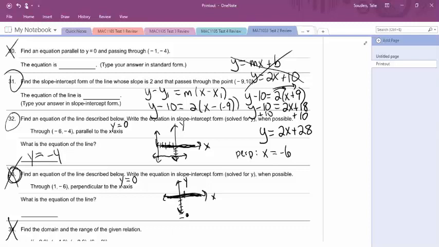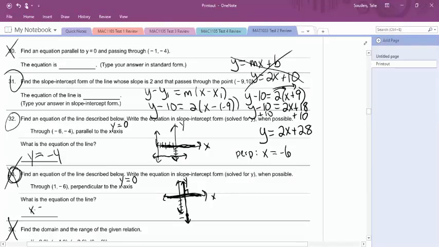X. So we're going to use x equals what number? X equals 1. Because we want to be perpendicular, so we want to form a right angle when the two lines cross. So your answer here would be x equals 1.